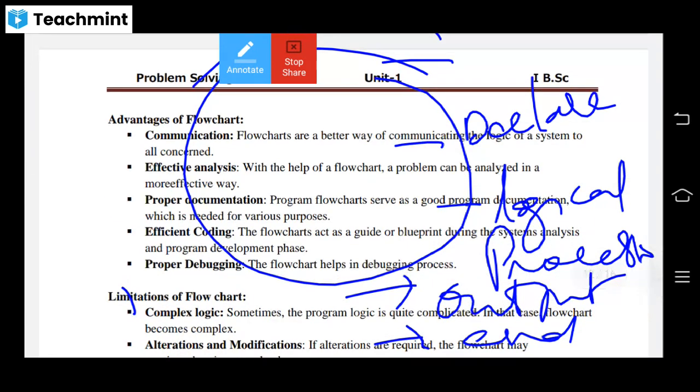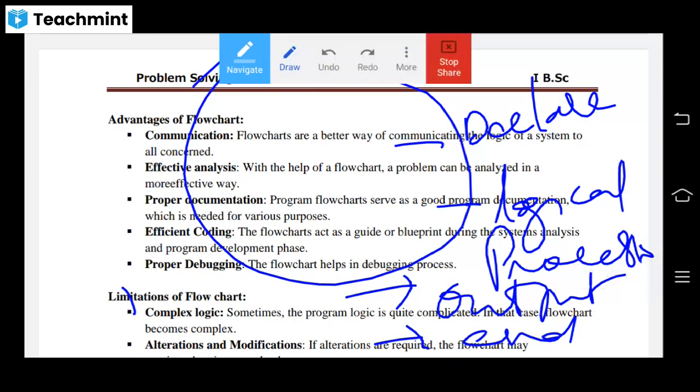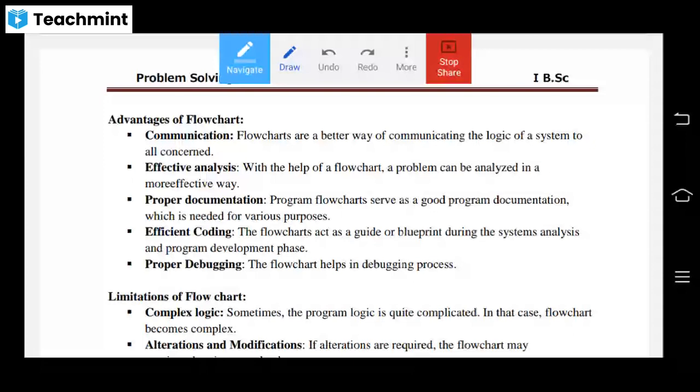Next here I'm saying about advantages of flow charts. What are the advantages presented in the flow chart? We can provide communication effectively, analysis is effective, and we can easily understand what the problem and solution included in this flow chart.